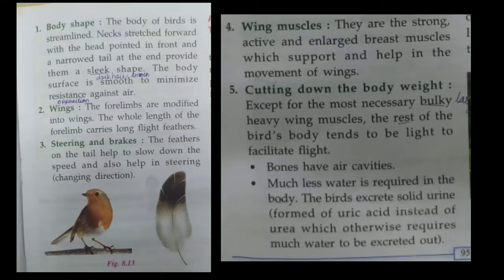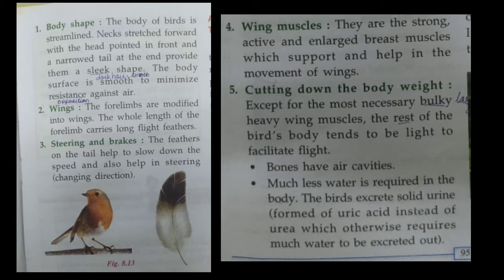The first feature of the bird is the shape of its body. The body of the bird is streamlined and the neck is stretched forward with the head pointed to the front. The body of a bird is smooth to minimize resistance when the bird flies in the air.